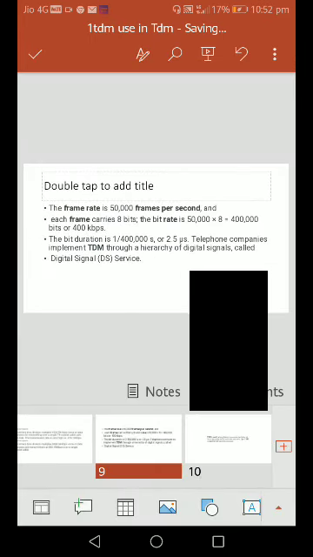The frame rate is 50,000 frames per second, and each frame carries 8 bits.